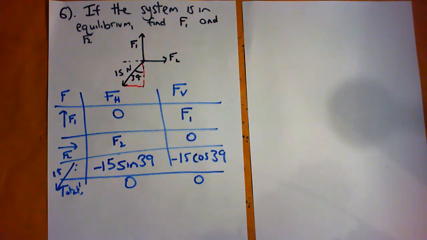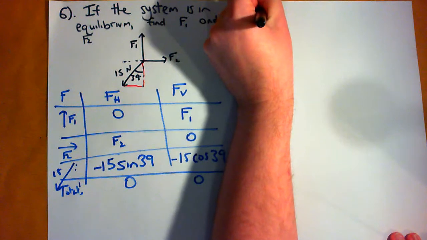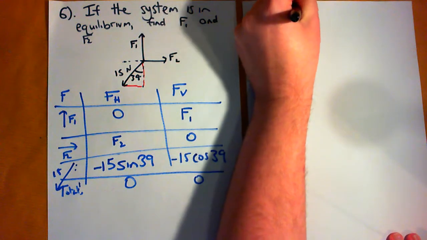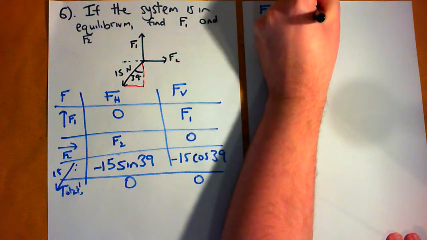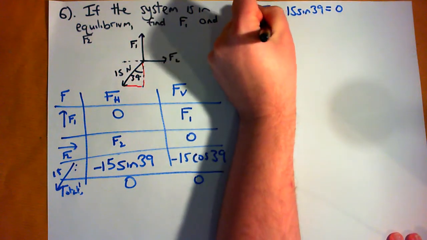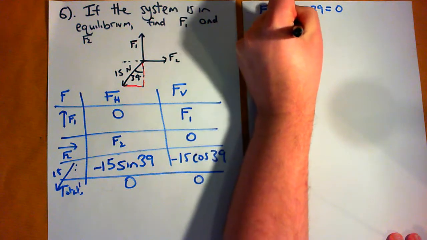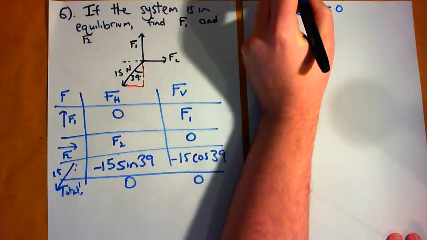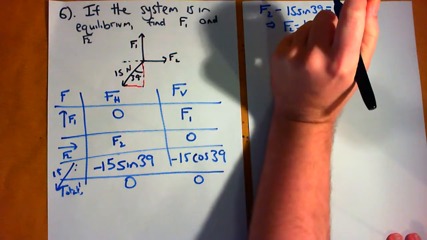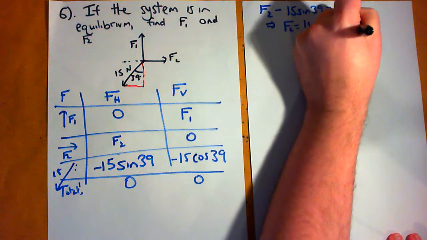Okay, so if we look at the horizontal column, that means that F2 minus 15 times sine of 39 equals 0, and that means that F2 equals 15 sine of 39. Calculating that, we get 9.44.